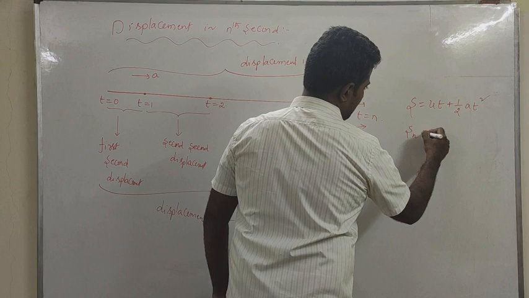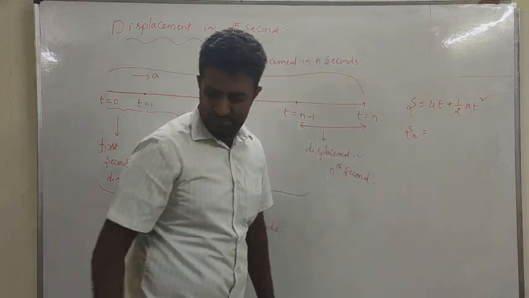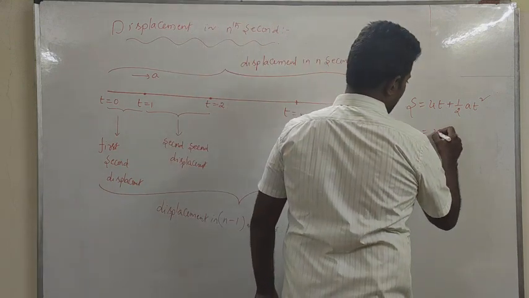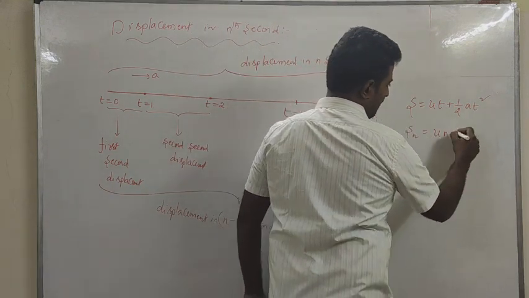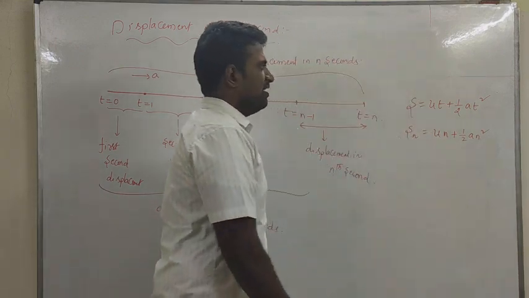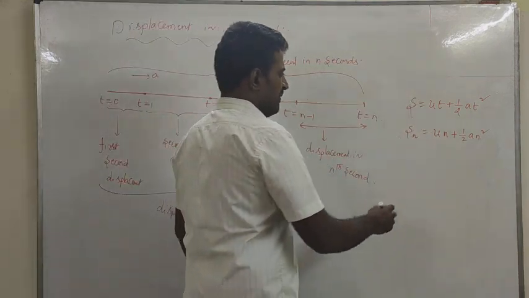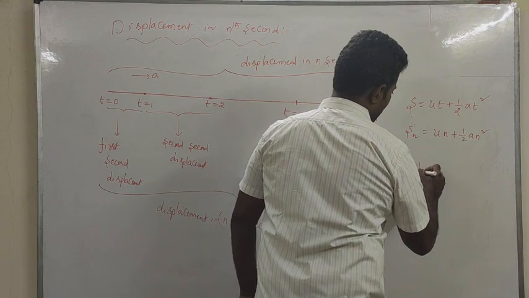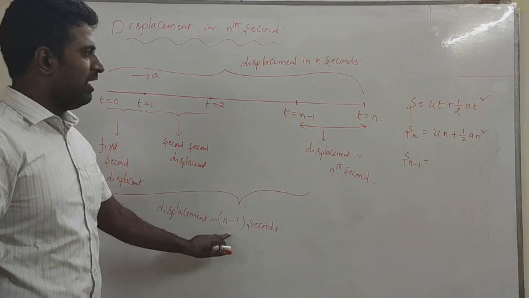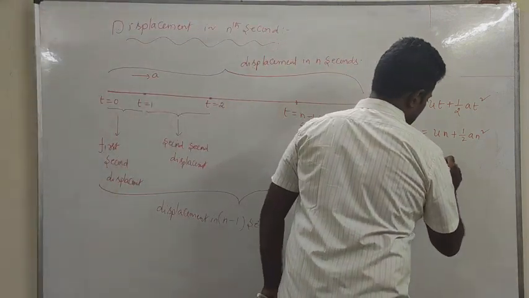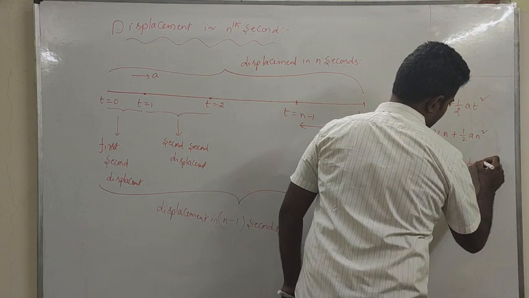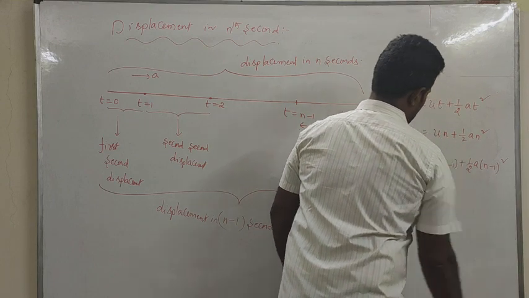So displacement in n seconds will be equal to un plus half a n square, because I have placed n in place of t. Displacement in n minus 1 seconds will be equal to, in place of t, n minus 1: u into n minus 1 plus half a into n minus 1 whole square.